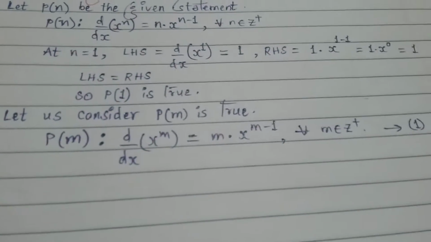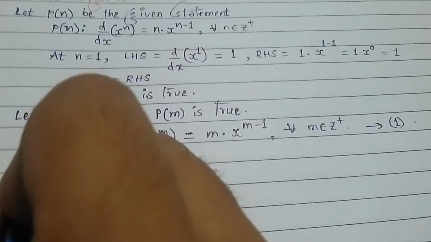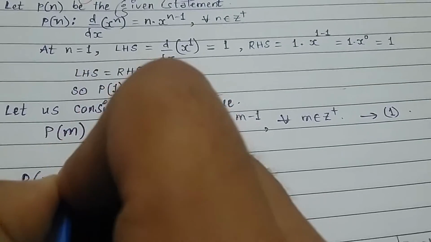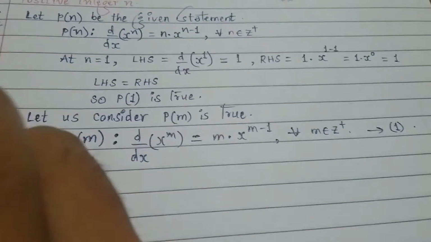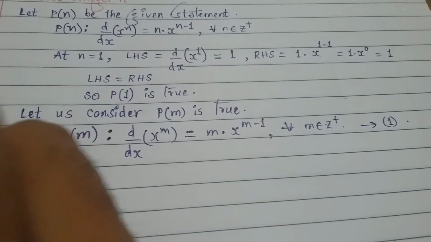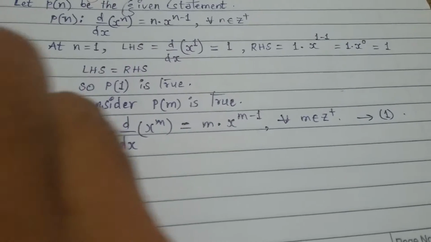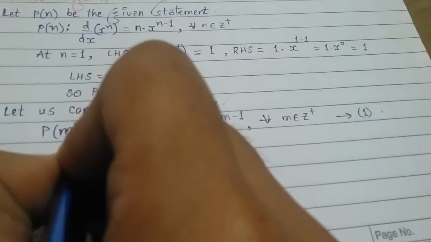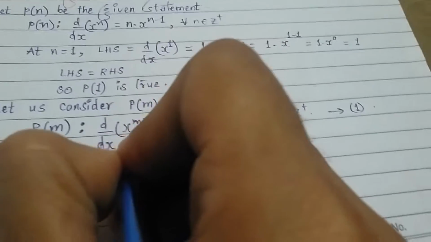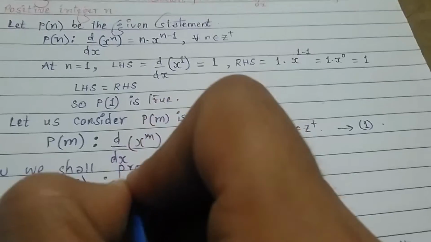After considering P of m to be true, we used to show that P of m plus 1 is also true. Here we shall write like this. Now we shall prove that P of m plus 1 is true.